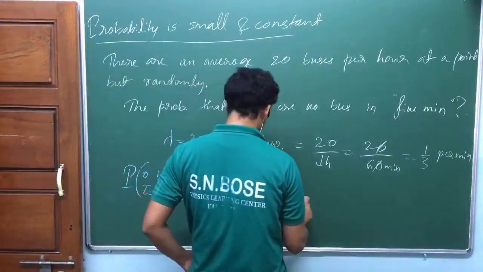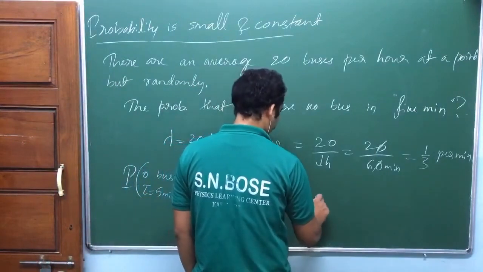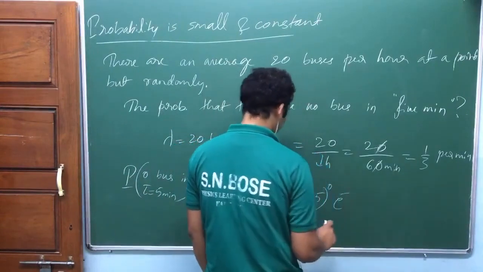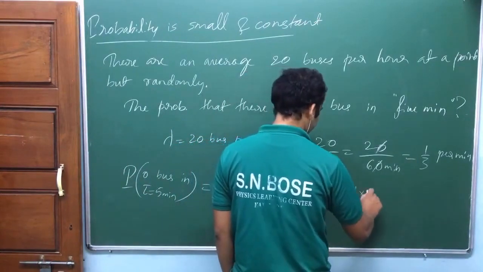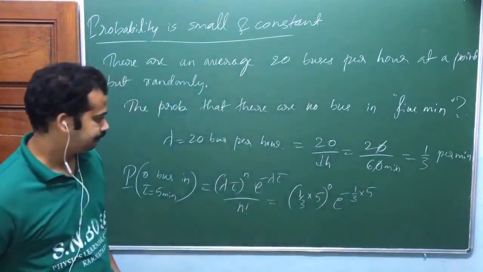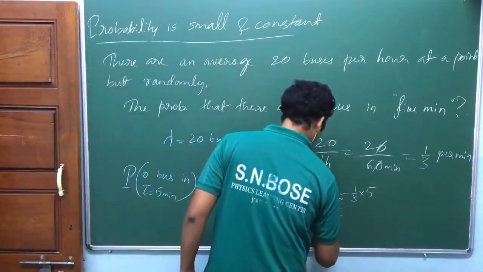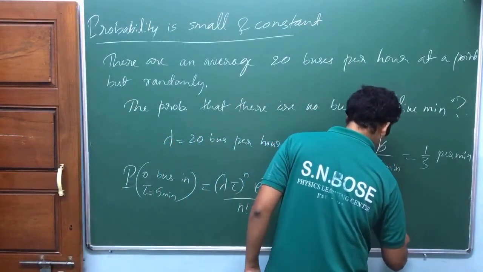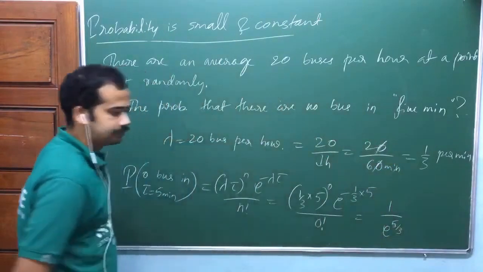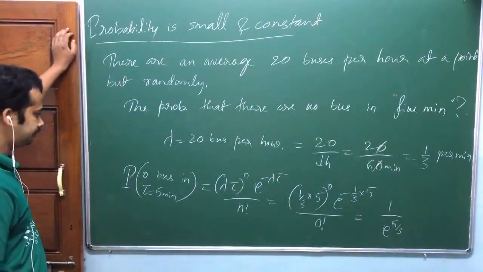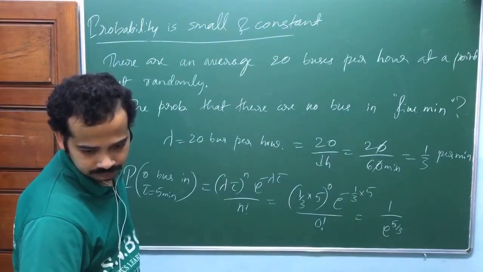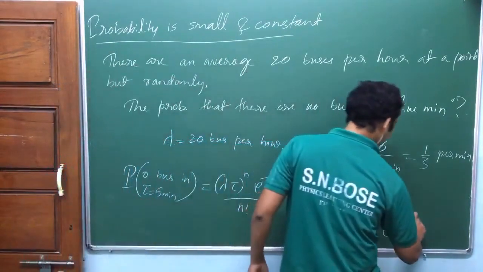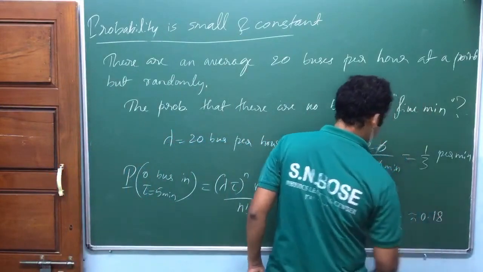This equals lambda is 1 by 3, tau is 5 minutes, per minute into minute, raised to 0, e power minus 1 by 3 into 5, whole divided by 0 factorial. What is this one? 1 by e power 5 by 3. Calculate this one quickly. Someone, your calculator. 0.18. Okay, nearly equal to 0.18.